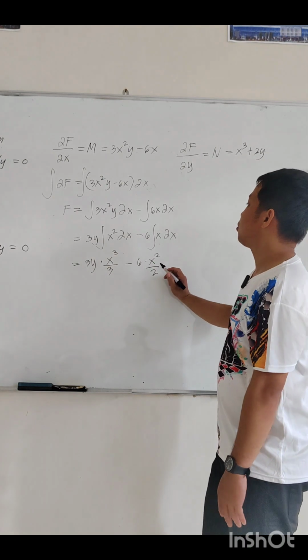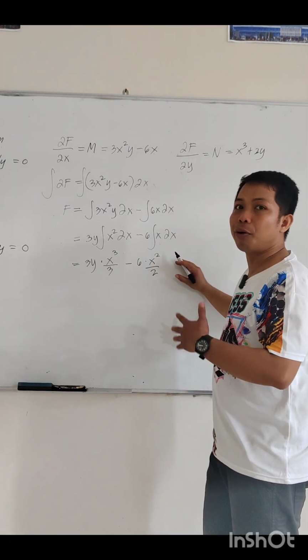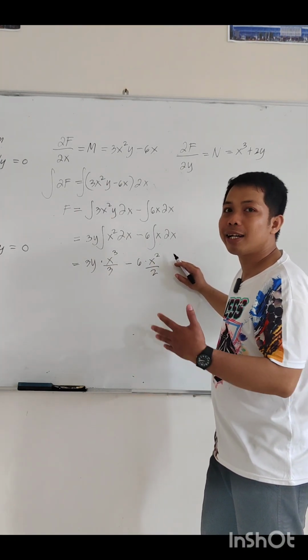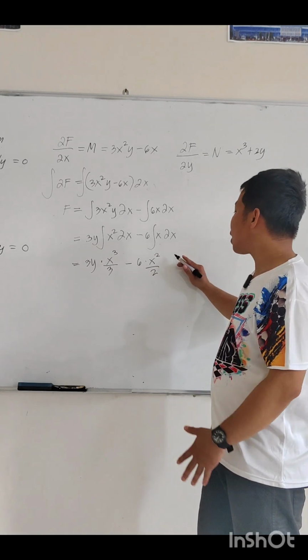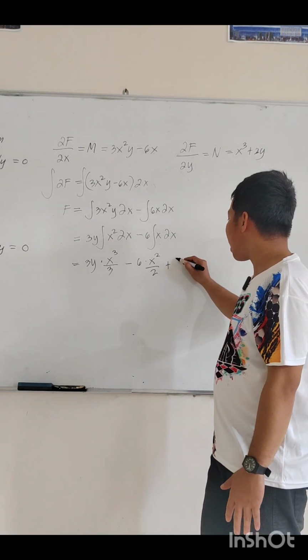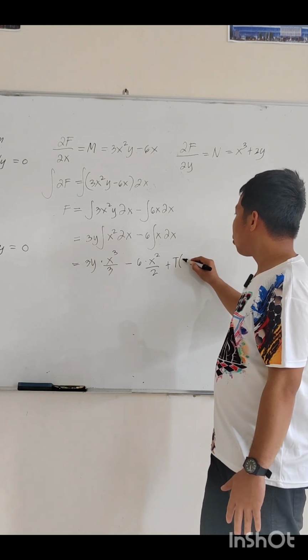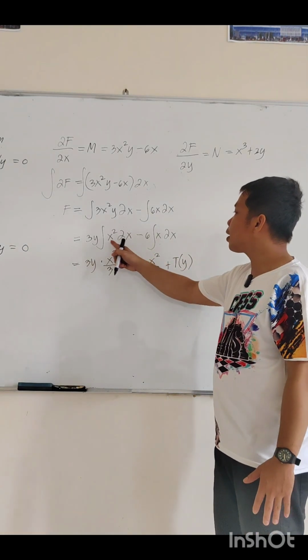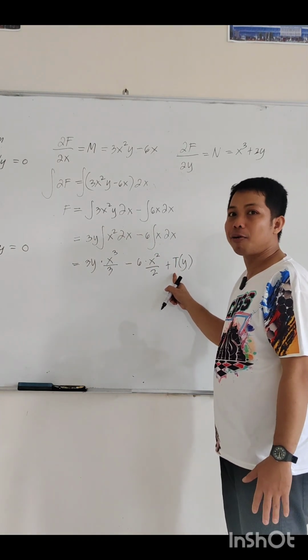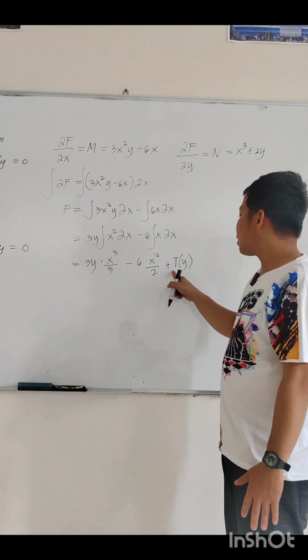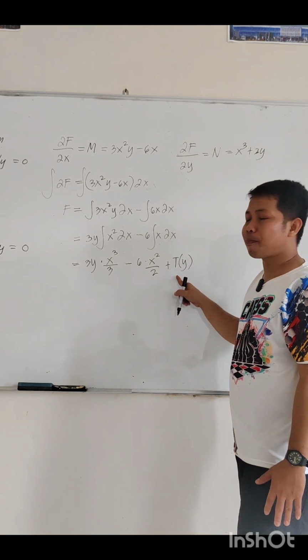So, bali dito, ang i-add natin ay hindi constant, kasi we are integrating partially. Partial integration tayo, kaya ang i-add natin is a function of y. We are integrating with respect to x partially, so ang i-add natin is not a constant. Bakit?